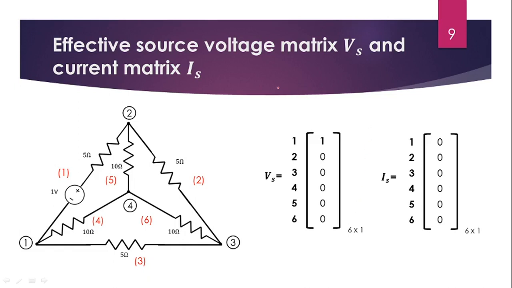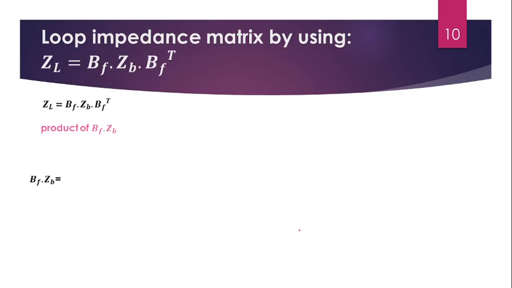We find here the source voltage matrix and current matrix. Once we find all this, we can go with the next step, that is the loop impedance matrix. So how can we find the loop impedance matrix? By using the given relation, ZL equals tie set matrix B suffix F into branch impedance matrix ZB into transpose of tie set.